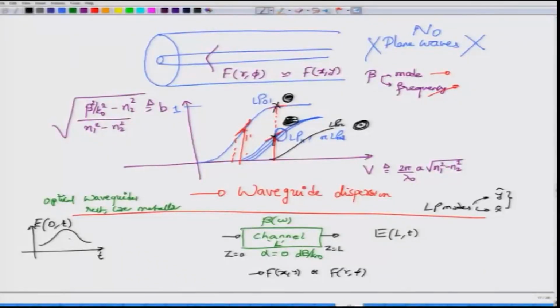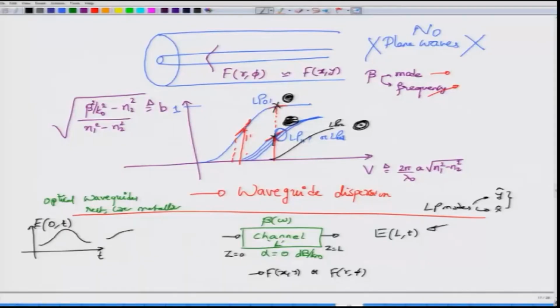Unfortunately, I cannot work in the time domain if I want to understand how to obtain this electric field at the output. So, if I want to understand the pulse propagation, I will have to do it in the frequency domain. The basic idea that we are going to use is very simple. We are going to convert this into the frequency domain by taking the Fourier transform, which will give us E of 0 comma omega.